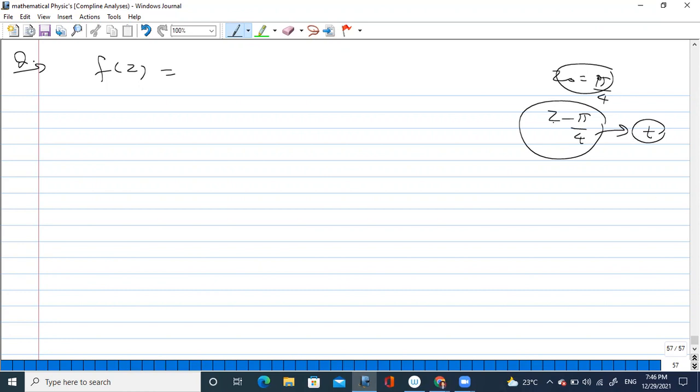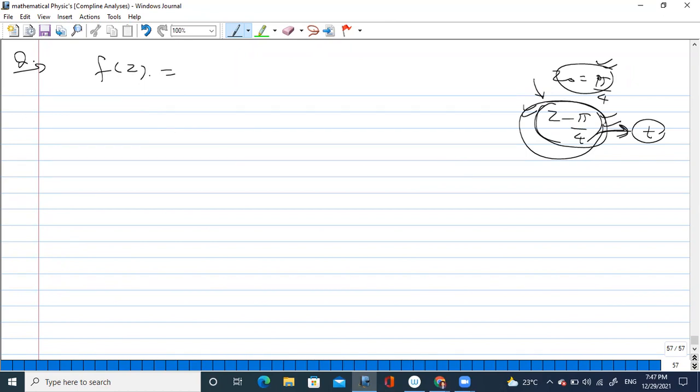At the final, you will write this back, because now I want the series in terms of this. Once the series is about this point, in the final series I want all the terms in z minus pi by 4. That's why I must secure it, and to secure it I just put it as t or x, whatever, so that I will not disturb this thing. Then my final series will be in this only. So this skill you should develop.